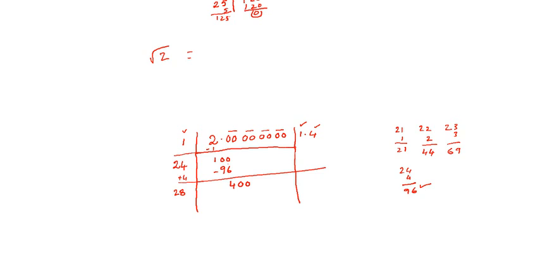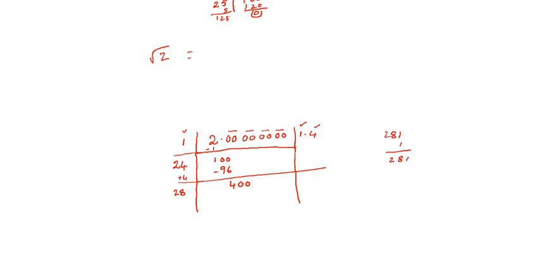Now if you write 1 on the right side of 28, it is 281. Now you multiply it by 1. 281 ones are 281.